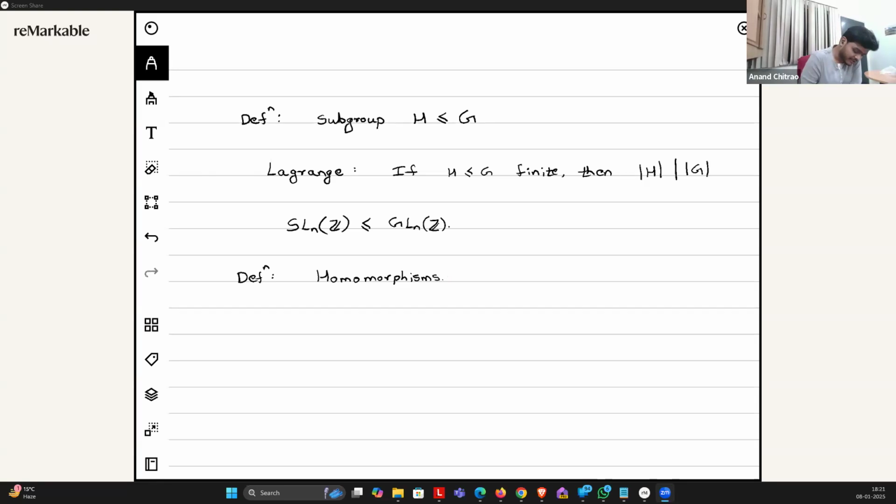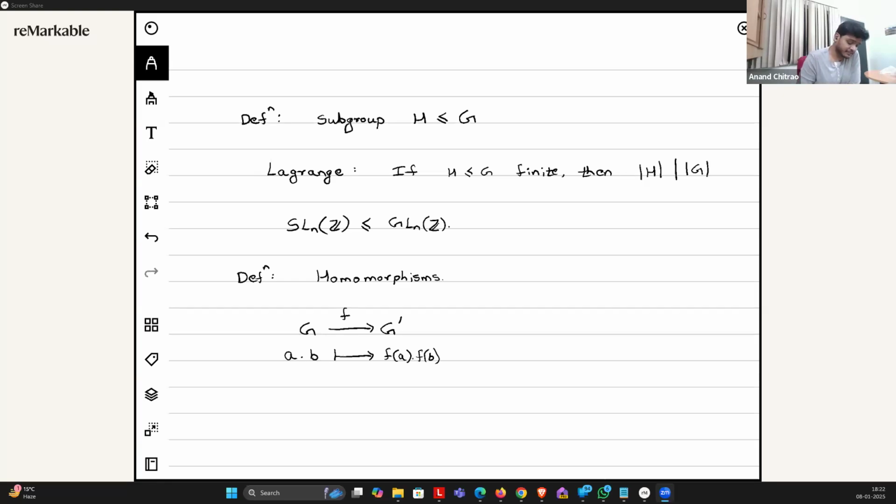So you can look at G, a group, and G prime, a different group, and a set theoretic map between them. But set theoretic maps are not that interesting, right? Because you have group structures on both sides. So we put the assumption that this map respects the group structures. So a dot b is mapped to f of a times f of b, if this set theoretic map is f. Okay.